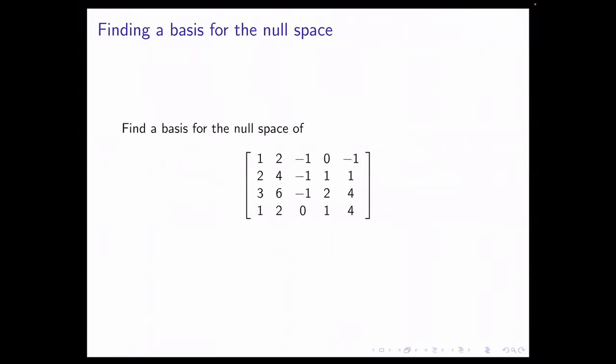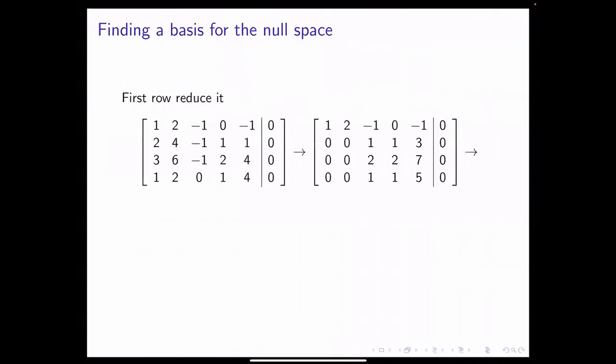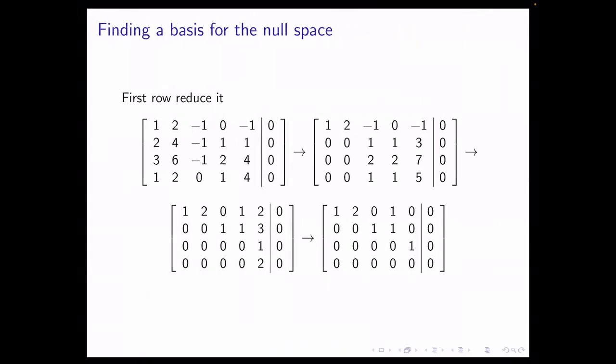So how do we find the basis for the null space of this matrix? Well, we do the row reduction with the augmented matrix, with zeros in the rightmost column. After completing the steps, we get to this matrix, which we just did.